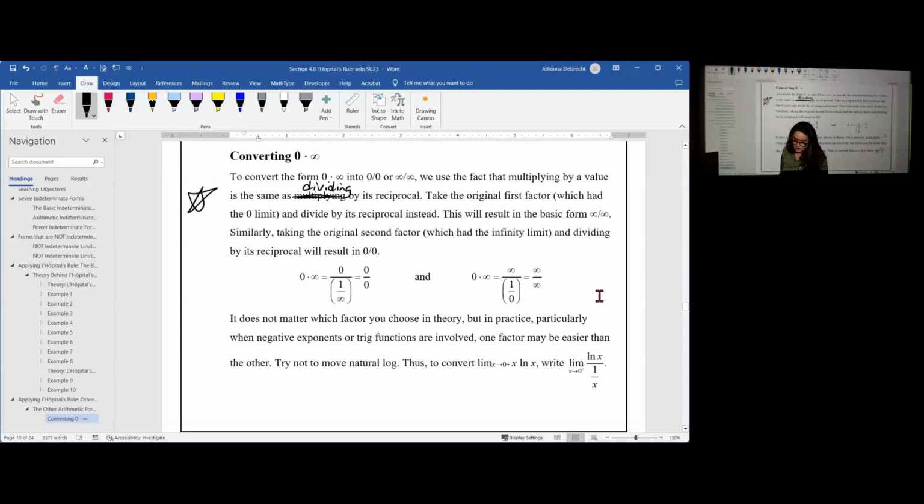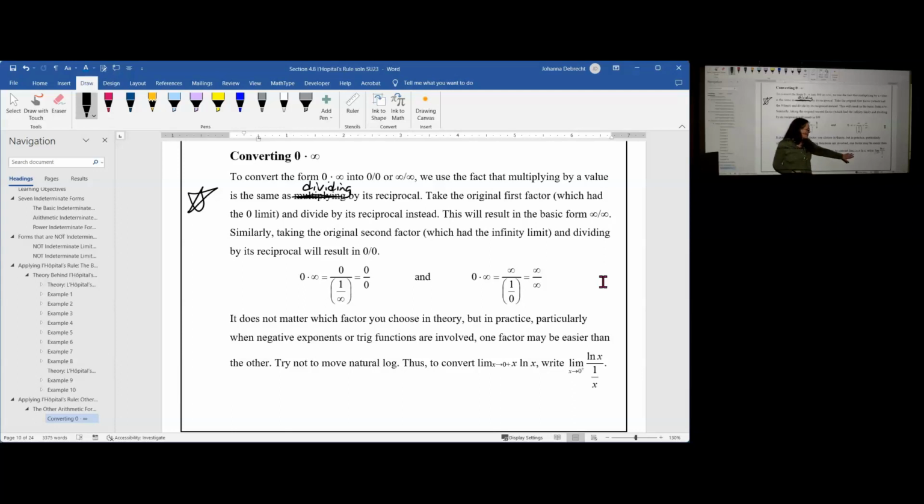In theory, it doesn't matter which one you move. In practice, one is often simpler than the other, and you never move natural log. Leave natural log where it is and move the other factor. When you move natural log, you turn a complicated problem into an extremely complicated problem.